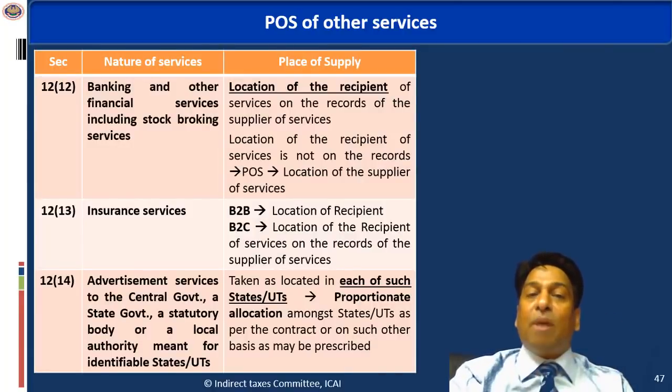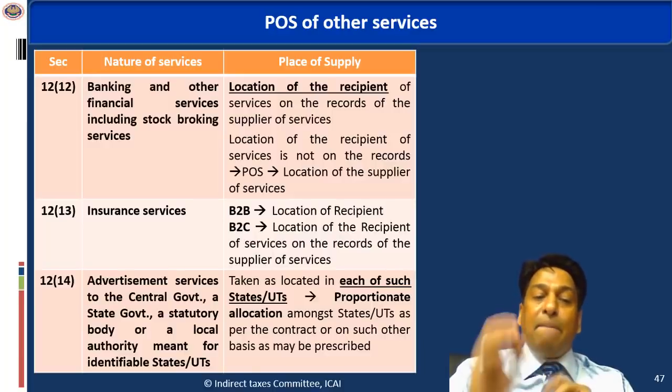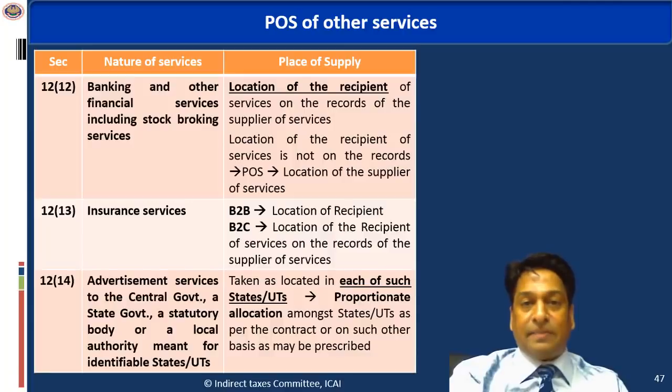Coming to the last component of place of supply for domestic services, Section 12 subsection 14 talks about advertisement services to the central government, state government, statutory body or a local authority meant for identifiable states or union territories.